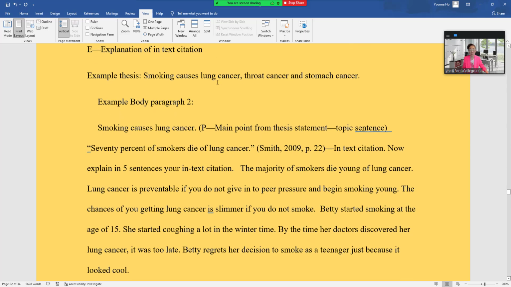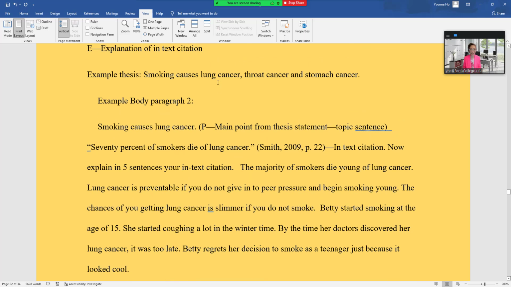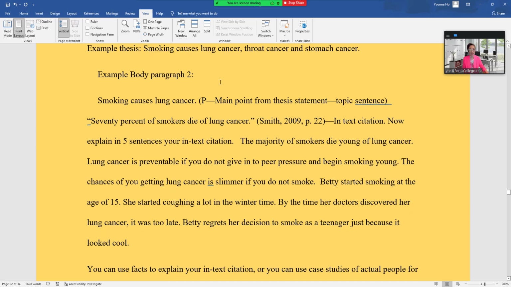Here's another example. The thesis statement is, smoking causes lung cancer, throat cancer, and stomach cancer. Then your first sentence is the main point from the thesis statement. And then you have your in-text citation: 70% of smokers die of lung cancer. So that is the one in-text citation. An in-text citation is when you cite a source inside the body of your paper.